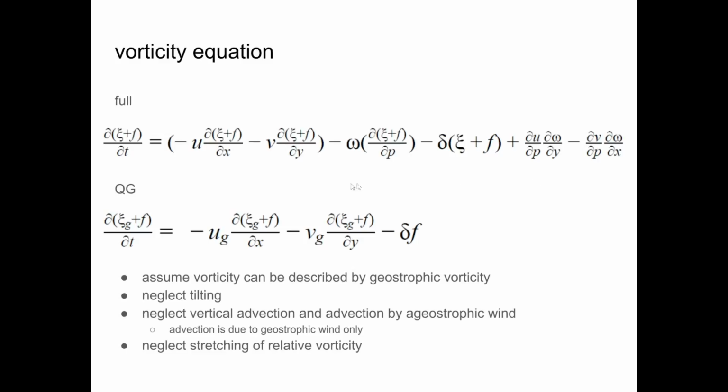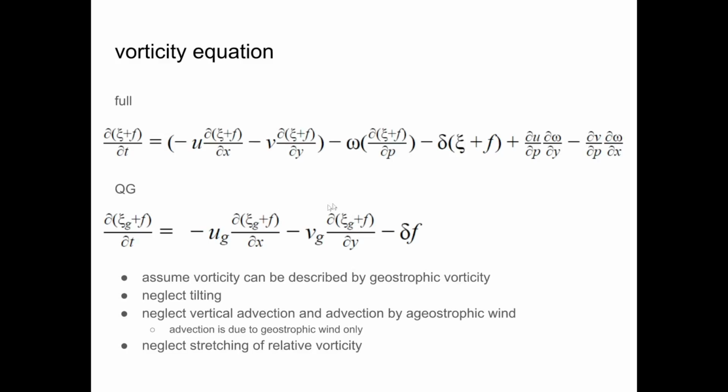Well, the quasi-geostrophic version of this is very similar. Instead of zeta plus f, we're looking at zeta sub g plus f. So we're assuming the vorticity can be described as the geostrophic vorticity, the curl of the geostrophic wind, zeta g.